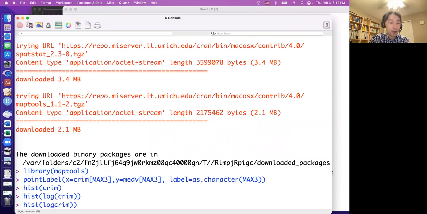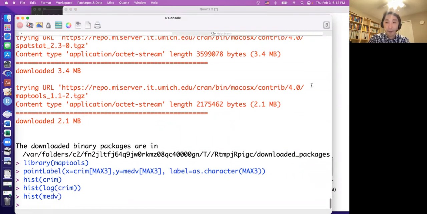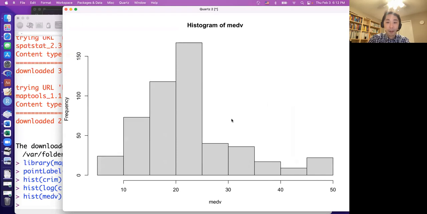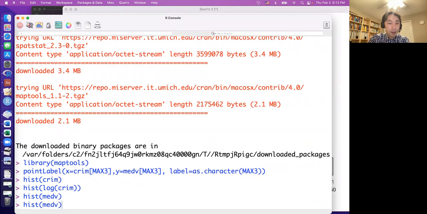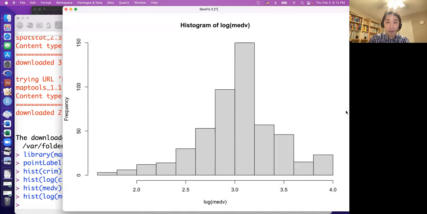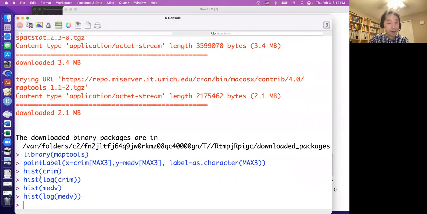And the histogram of median house value, this is okay. Maybe we want to take the logarithm also. Slightly left skewed, but maybe the log scale for both looks better.